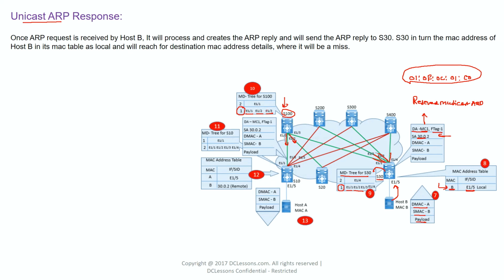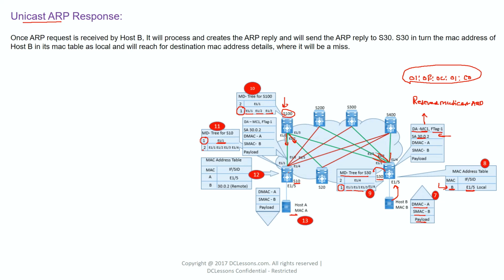Now once the packet reaches switch 10, it will also check for its tree 1. In this tree 1, it will see that I have only one interface connected, but I also have a host A connected to it.